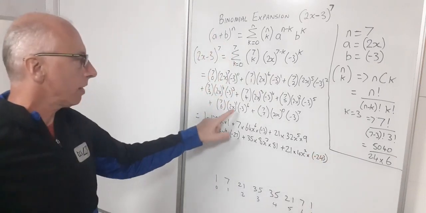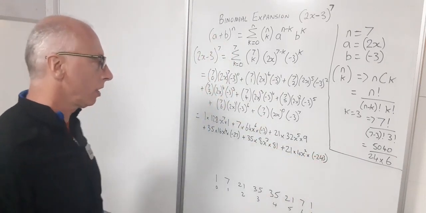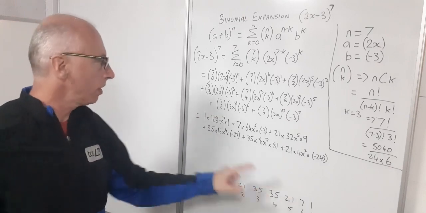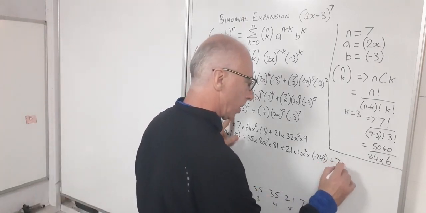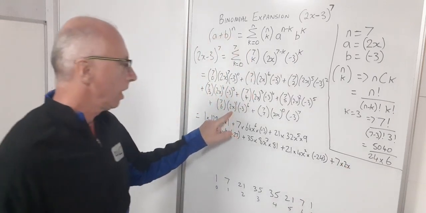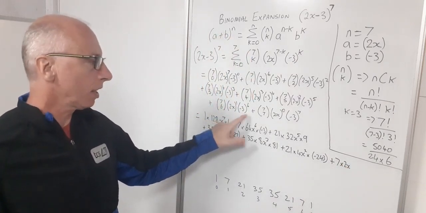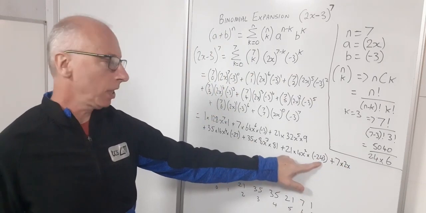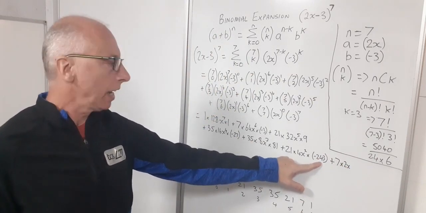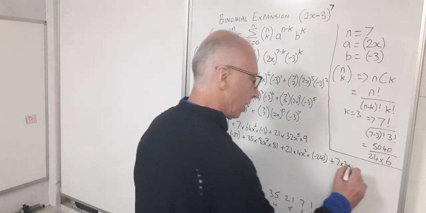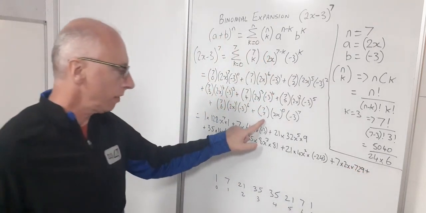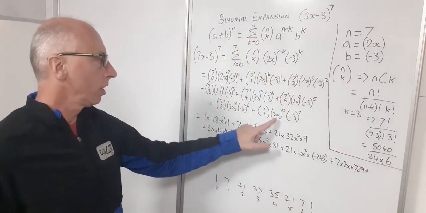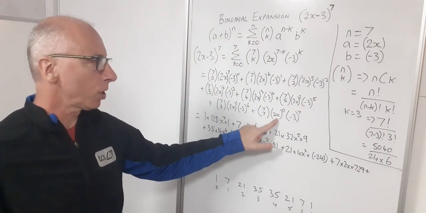Then we've got these last two. 7 choose 6 is 7, times 2x, so plus 7 times 2x, and then minus 3 to the power of 6. 243 times 3 is 729, and the two minuses make it positive, so times 729. Finally, 7 choose 7 is 1, times 2x to the 0 is also 1.